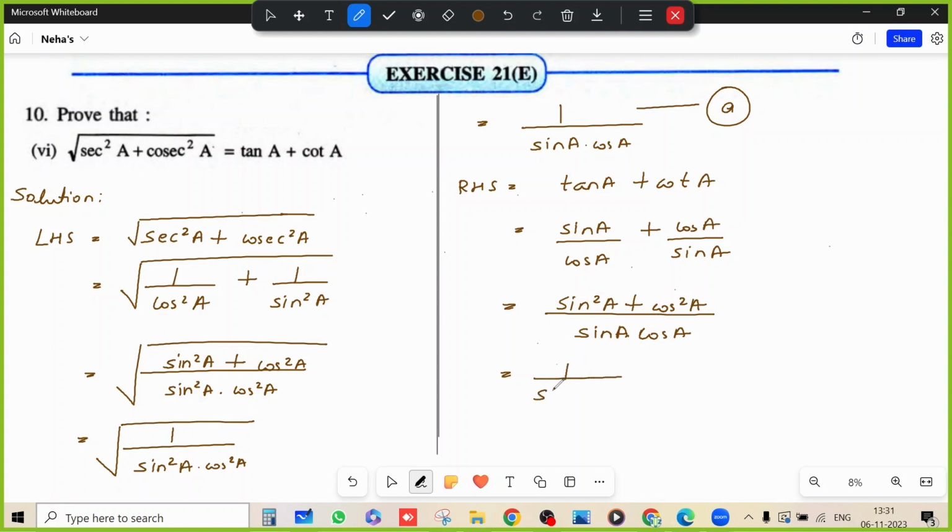So this becomes 1 divided by sin A into cos A, and we are marking this as equation B. Now you can see from equation A and B, it is clear that left hand side is equal to right hand side. So therefore we have proved that the left hand side and right hand side are equal from A and B, hence proved.